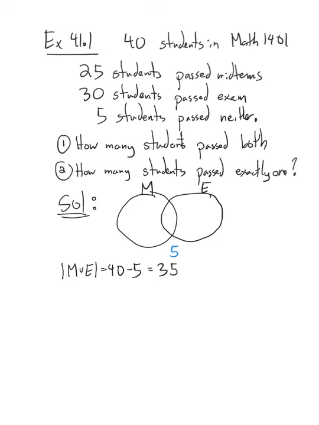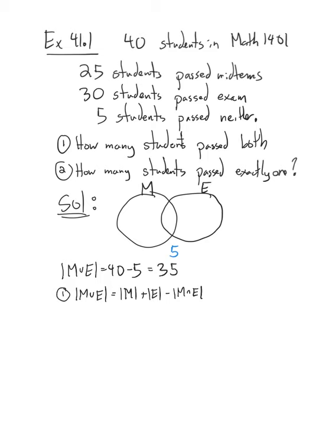So we can use the principle of inclusion-exclusion to help us out here. The cardinality of the union of M and E is the cardinality of M plus the cardinality of E minus the cardinality of the intersection of M and E. In some sense, this is a pretty easy problem once we realize we have to use that.